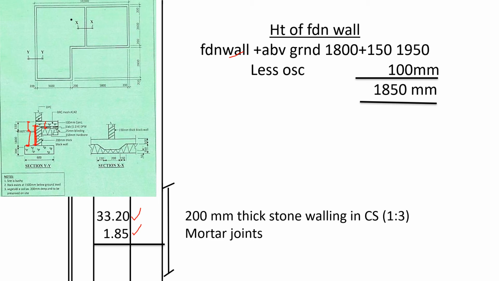We have taken this total depth from the concrete to the vibrated reinforced concrete, then we deduct the concrete, so we shall remain with the height of the wall. So 1800 plus 150, we get 1950. Then we deduct the oversight concrete, which is 100, we shall remain with 1850 millimeters. So the depth is 1.85.